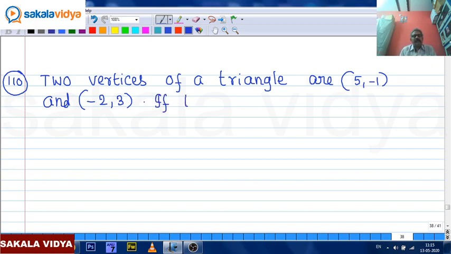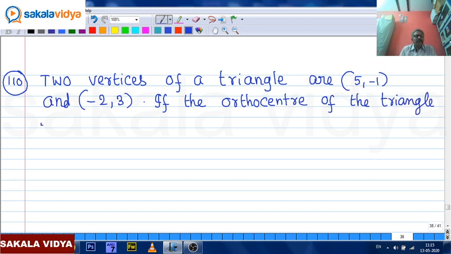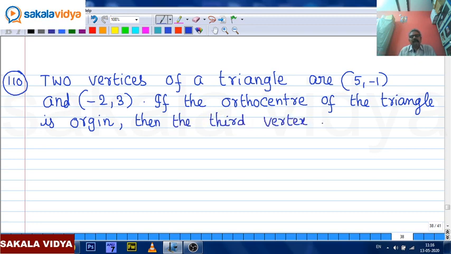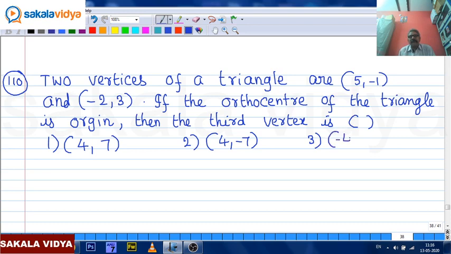If the orthocenter of the triangle is the origin, then the third vertex is: first option 4 comma 7, second option 4 comma minus 7, third option minus 4 comma 7, fourth option minus 4 comma minus 7.